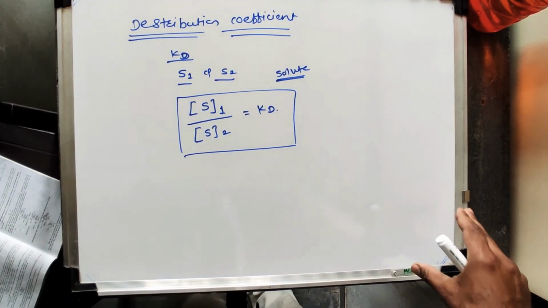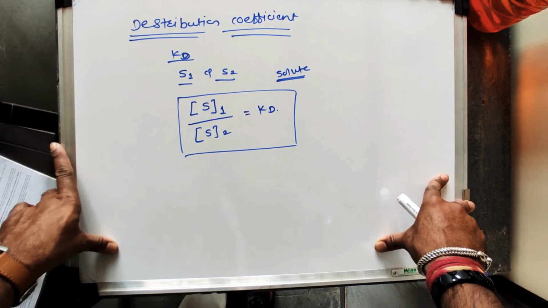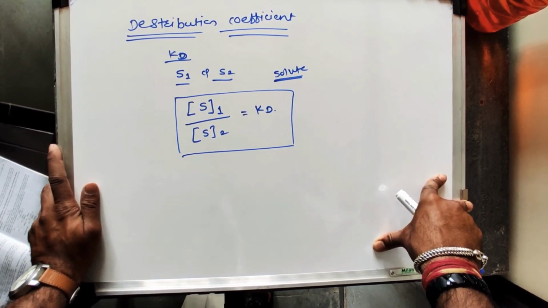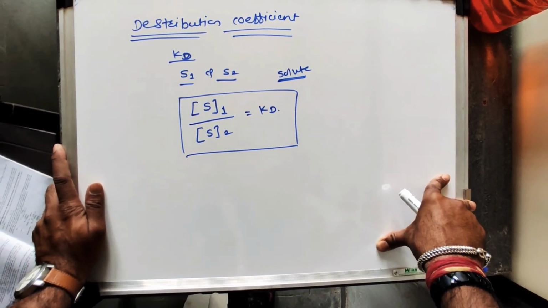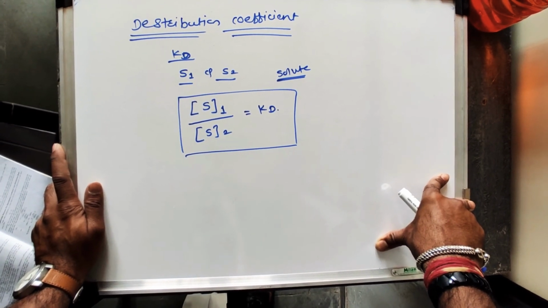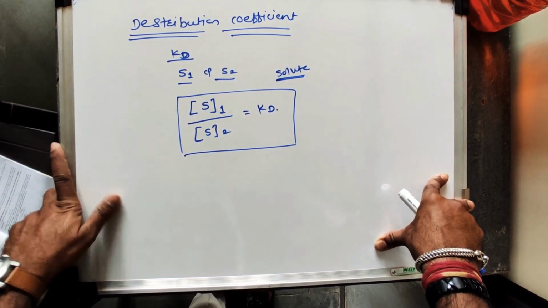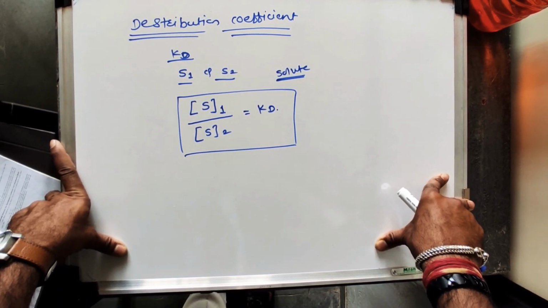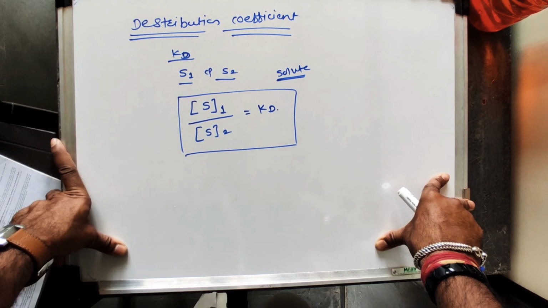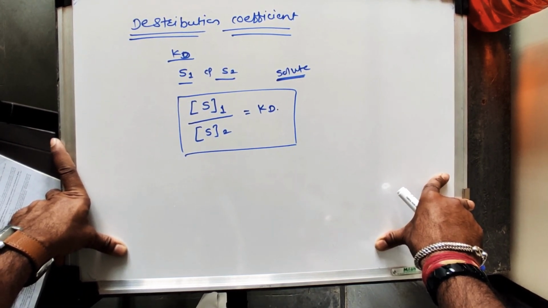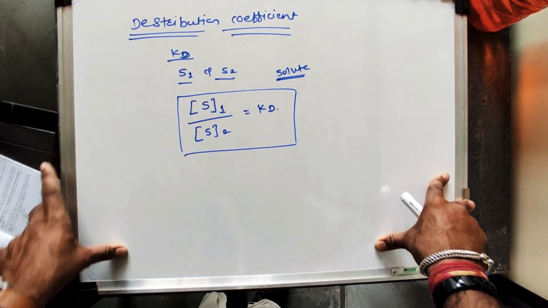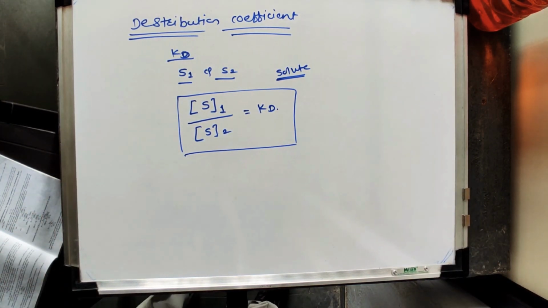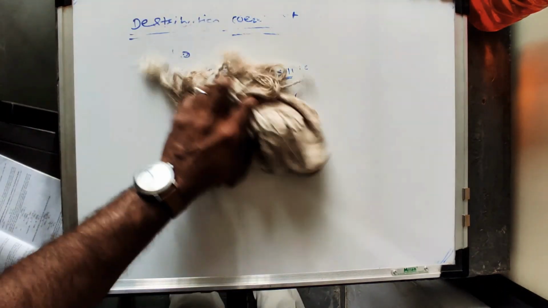If such a condition arises, that is the solute gets associated, dissociated or undergoes polymerization, then the distribution coefficient is not a valid term, because we have no idea about the association, dissociation or polymerization of the solute. Therefore, in such cases, instead of the distribution coefficient, we use the second term, called the distribution ratio, right?